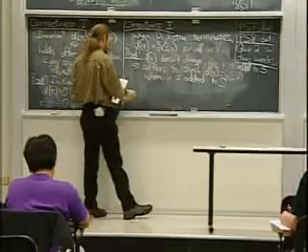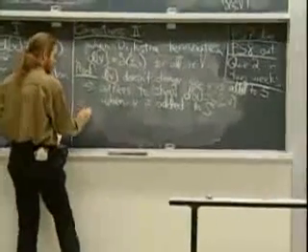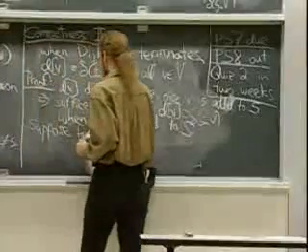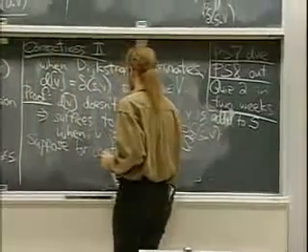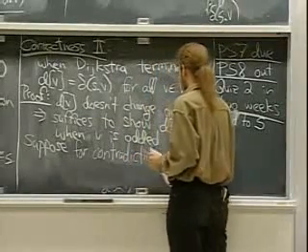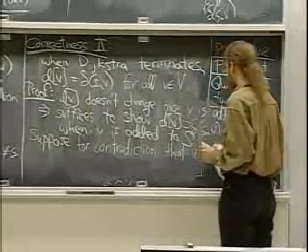Well, suppose it isn't true. So this will be proof by contradiction. Suppose for contradiction that this fails to hold, and let's look at the first failure.